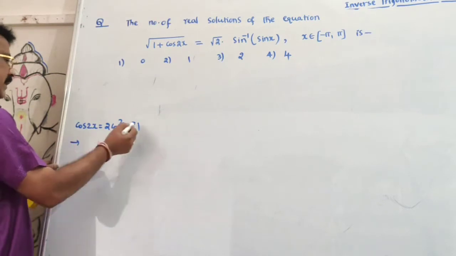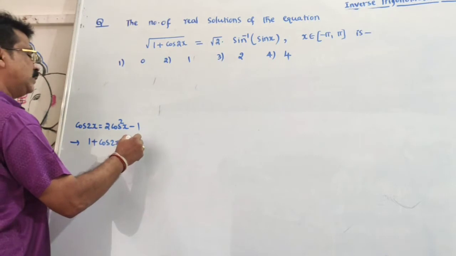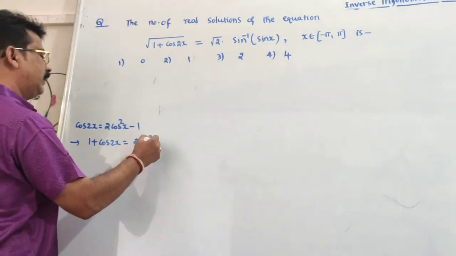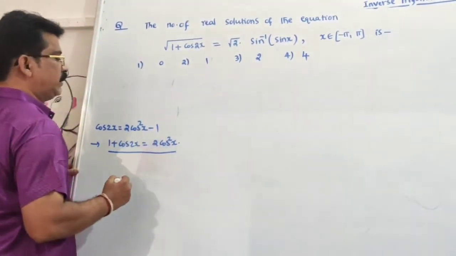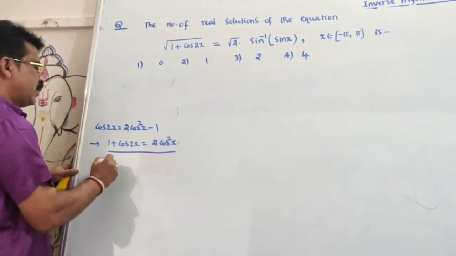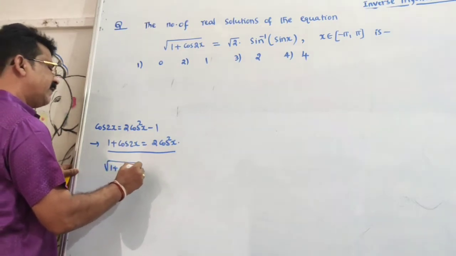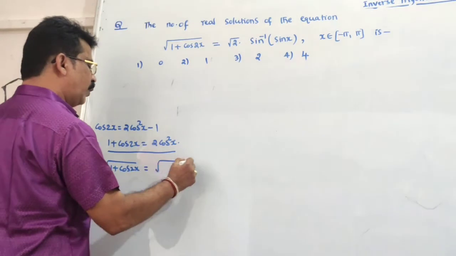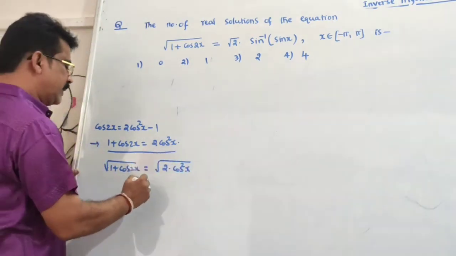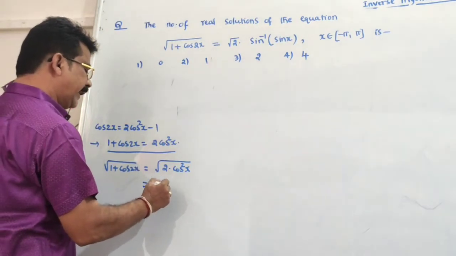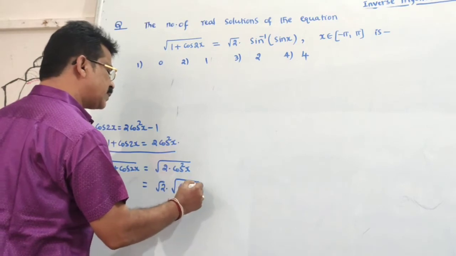So 1 plus cos 2x becomes 2 cos square x. Next, square root of 1 plus cos 2x is equal to the whole root of 2 into cos square x. So that is equal to root 2 into square root of cos x whole square.